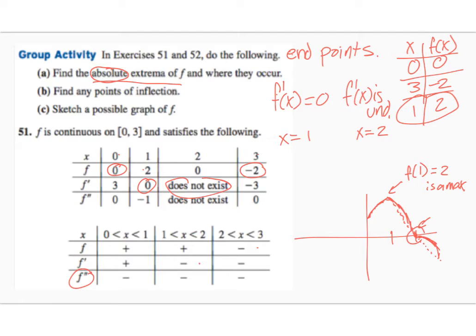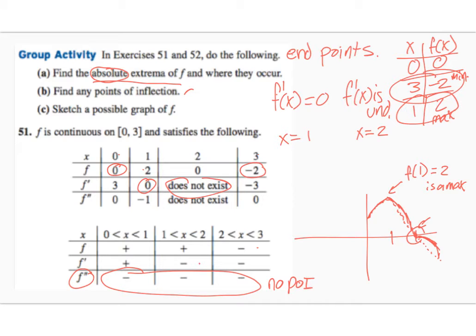So my absolute extrema, my max is at (1, 2), and my minimum is at one of the endpoints at (3, -2). Points of inflection require us to change concavity. The second derivative is negative the whole time. No points of inflection.